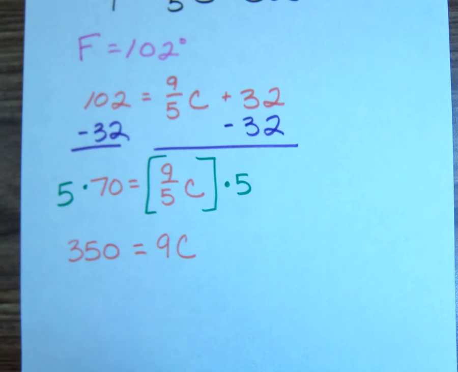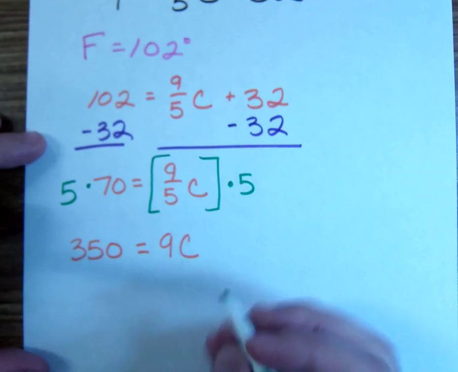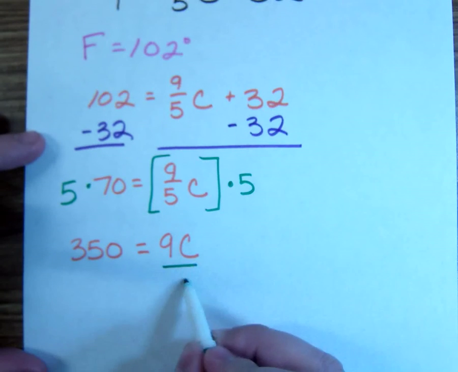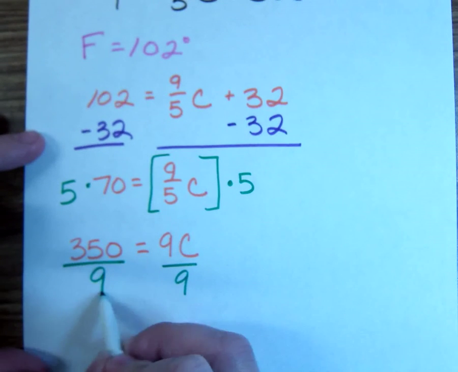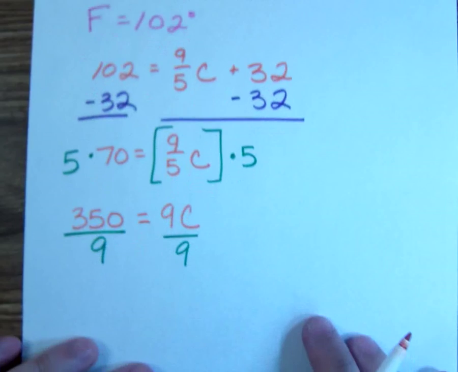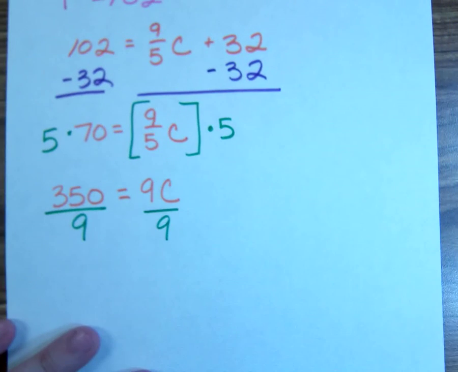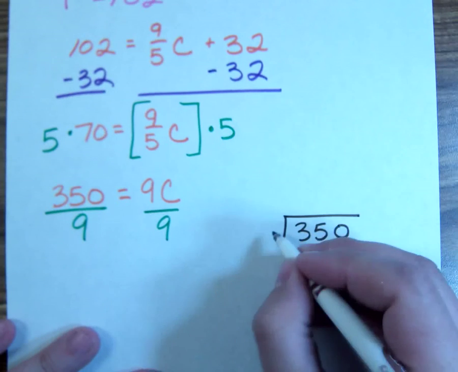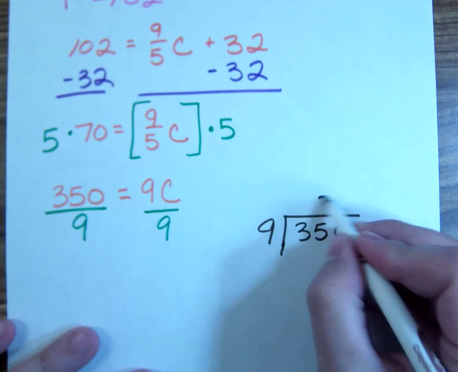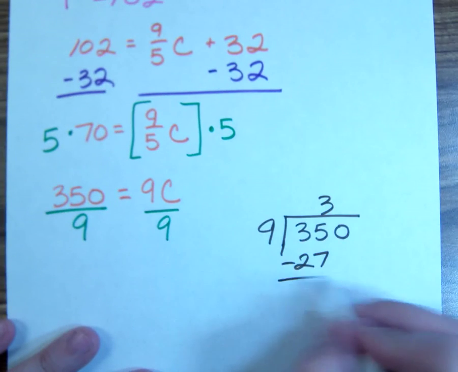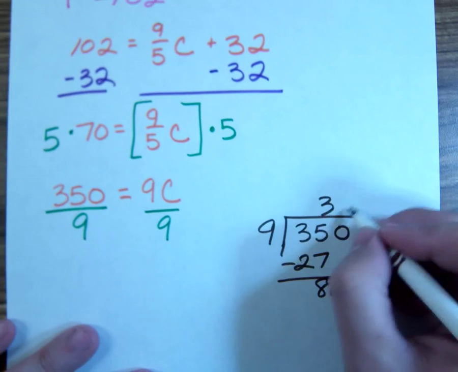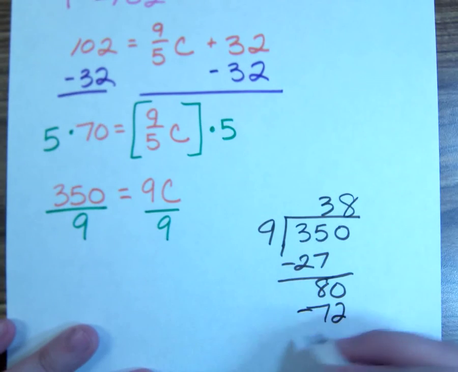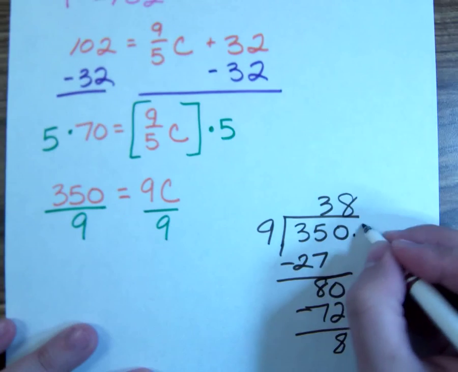Okay, now what? Time to do division. I don't know that 350 divided by 9 is going to come out exactly even. Don't sound so disappointed.